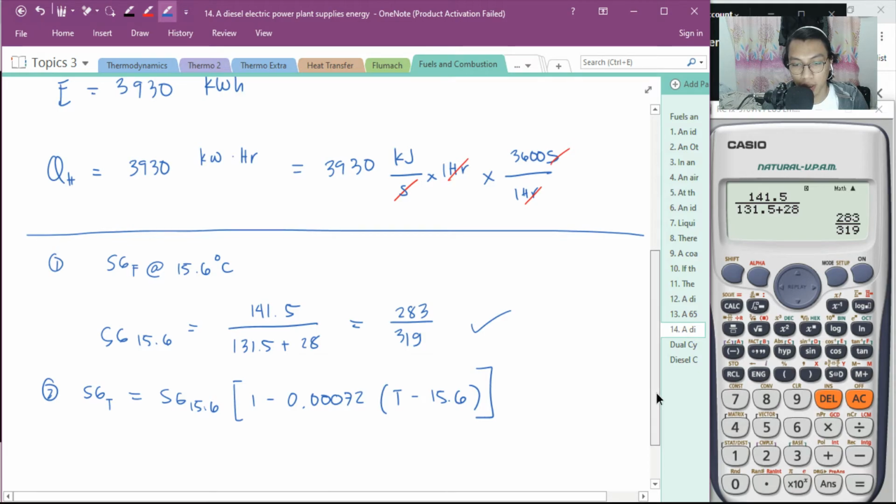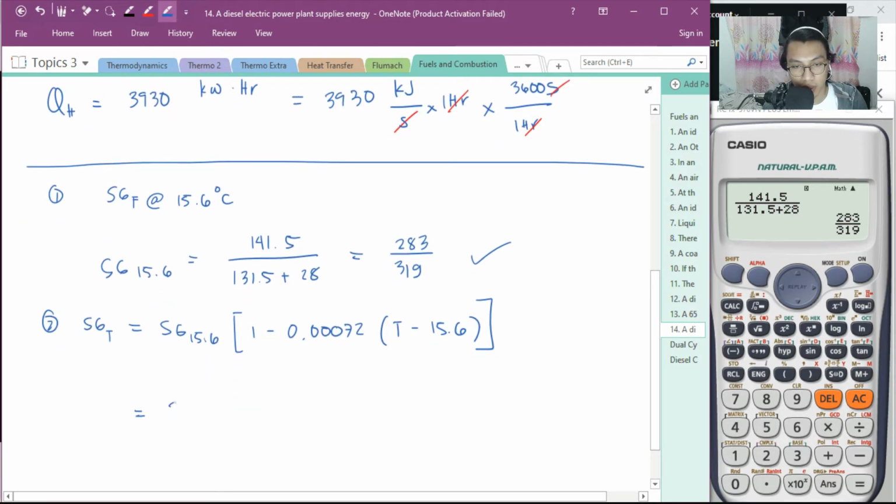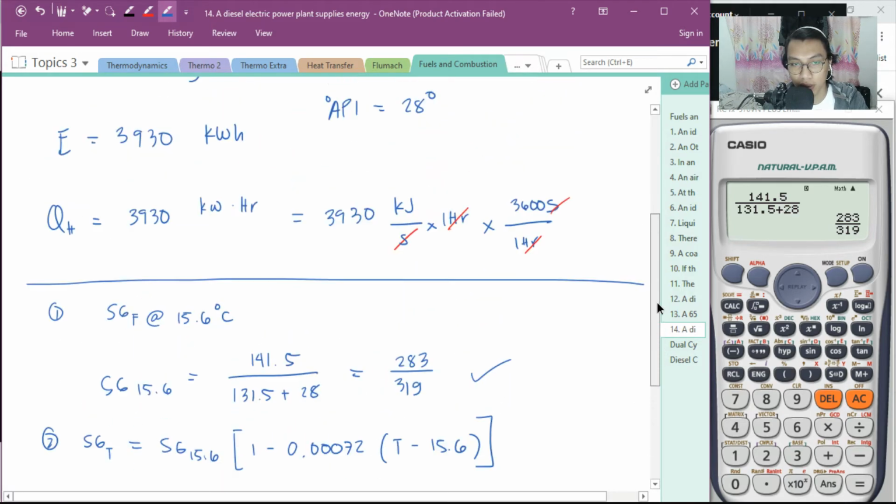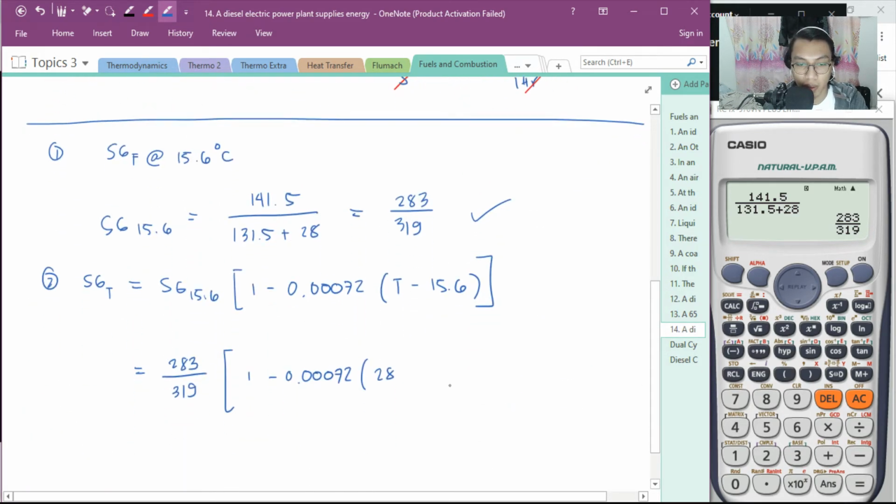Okay, so dito, 283 divide by 319 multiply to 1 minus 0.0012372, tapos 28. 28 ba yung binigay dyan? Yun, 28 nga. 28 minus 15.6. Makuha mo na yung corrected SG at 28.